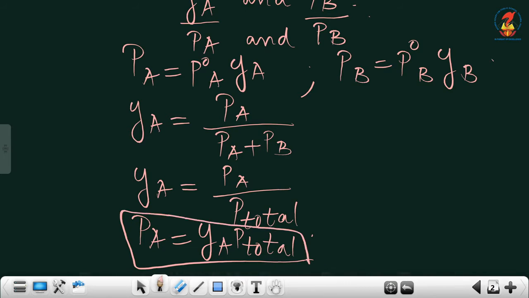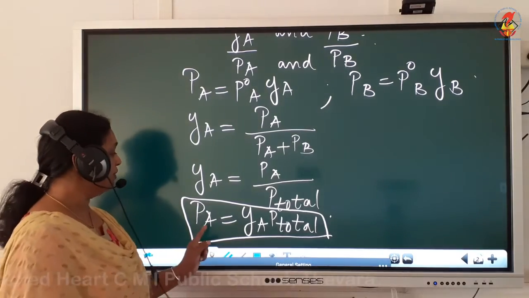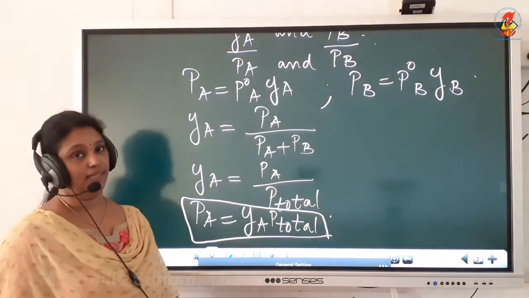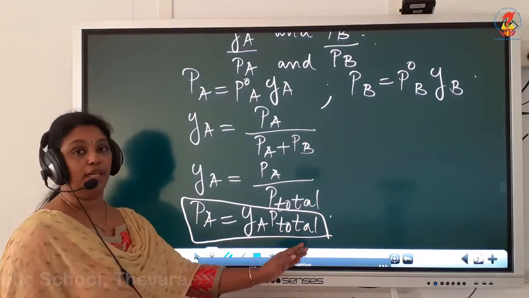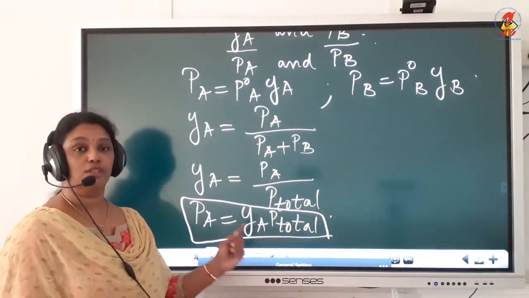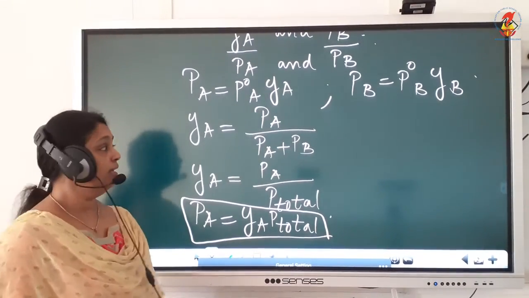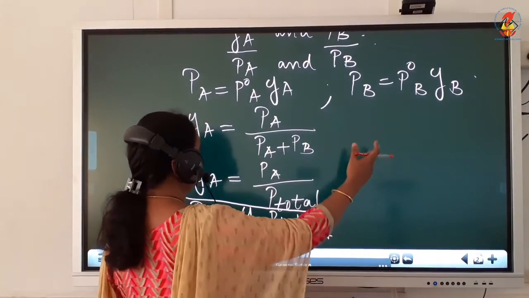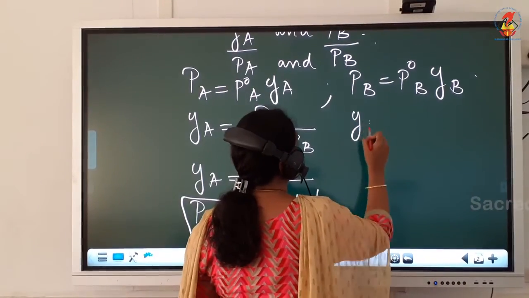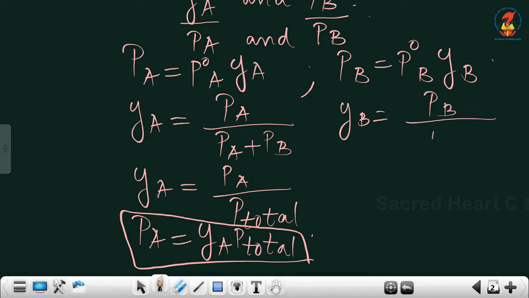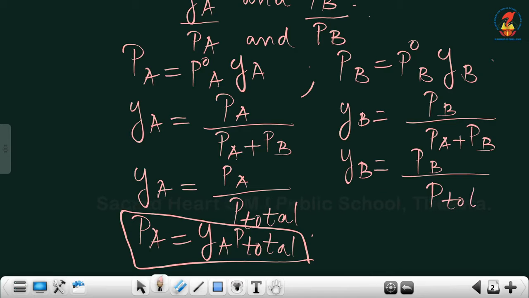You can use this expression to find the partial pressure of solvent A in the vapor state, that is YA into P total. YA is the mole fraction of solvent in the vapor state and P total is the total vapor pressure of the solution. In the same way we can get an expression for PB. YB will be equal to PB divided by PA plus PB, or YB is equal to PB divided by P total, or PB is equal to YB into P total.